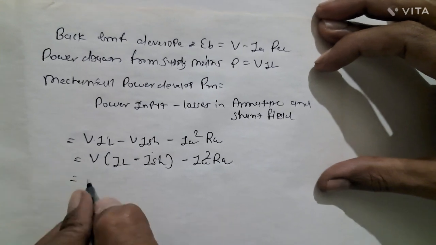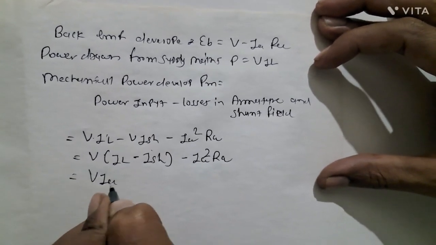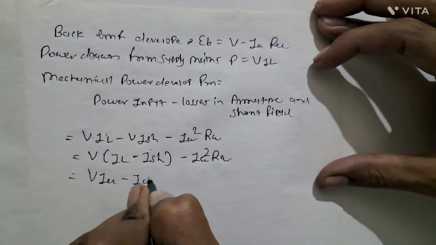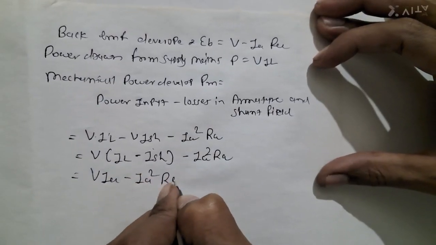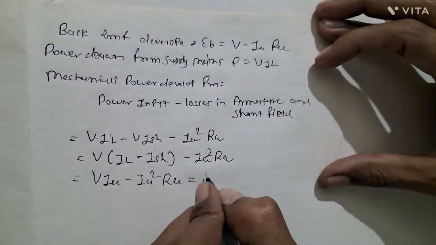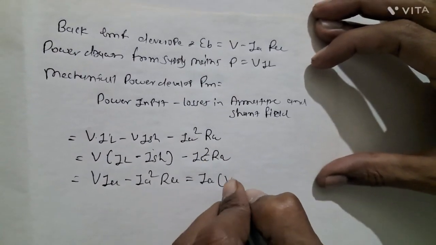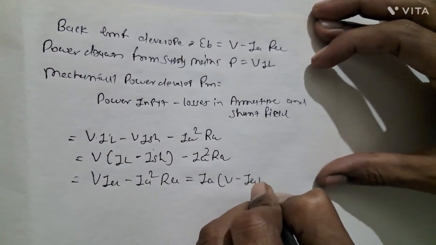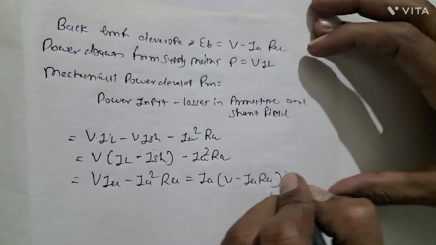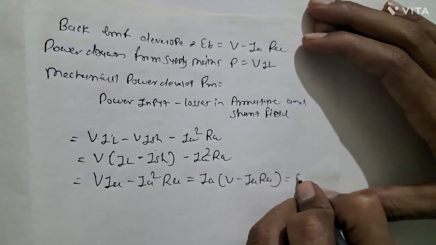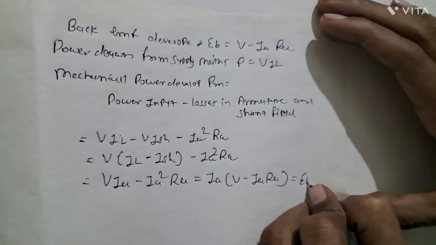And V IA minus IA square RA is equal to IA in brackets V minus IA RA, which is equal to EB IA.